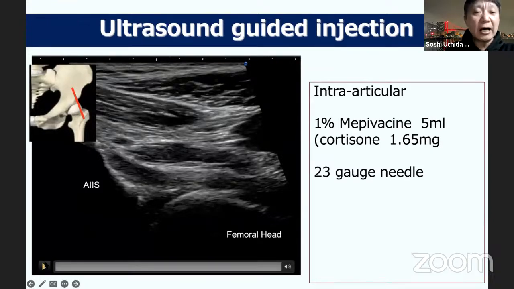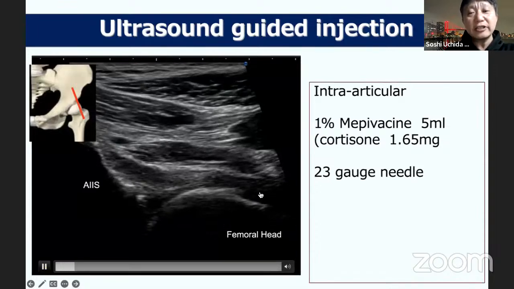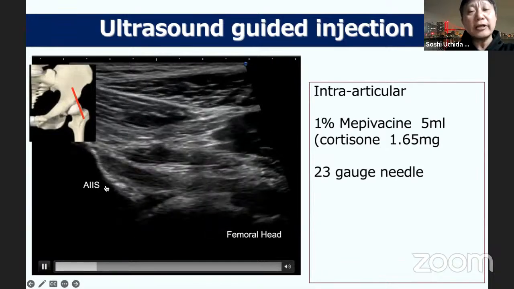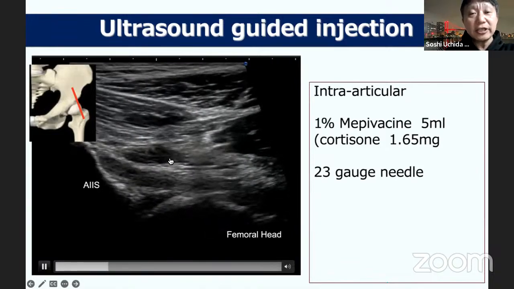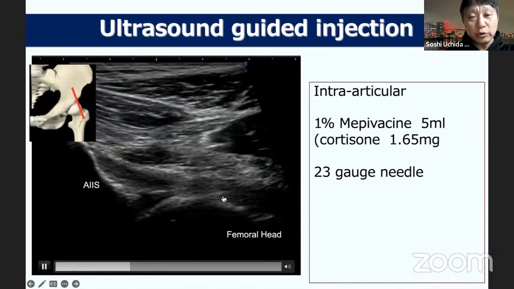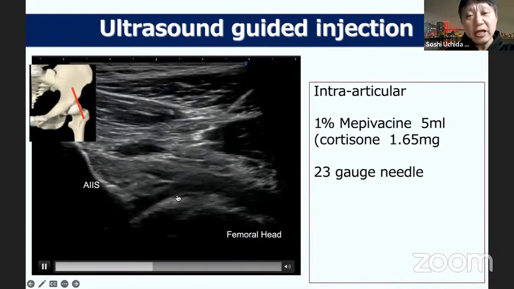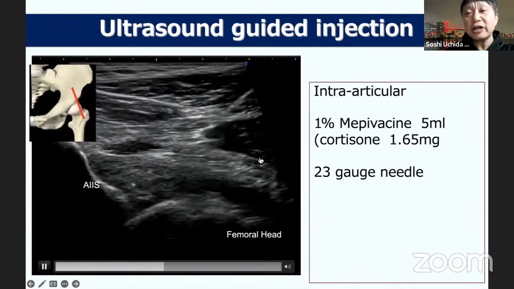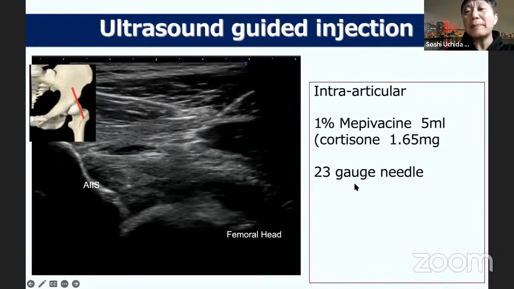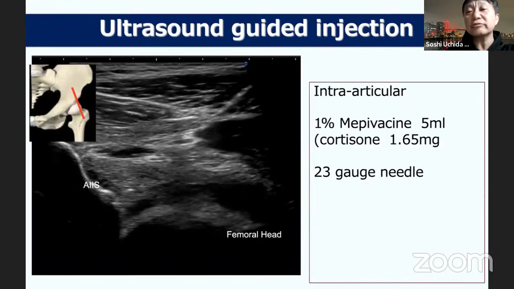These are ultrasound findings. This is the femoral head. This is the anterior inferior iliac spine. You can see here the needle going into the capsule, not just intracapsular but intra-articular, and then we inject 5 ml of 1% mepivacaine, and sometimes include cortisone.